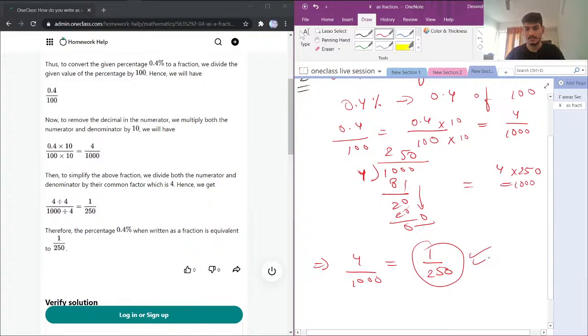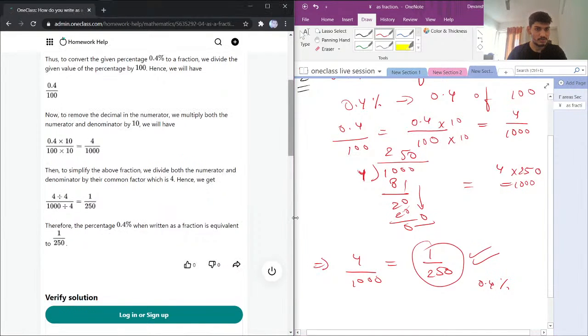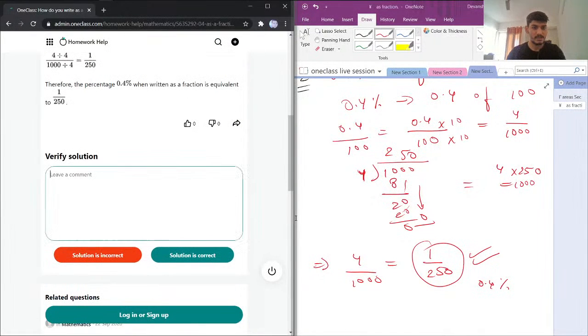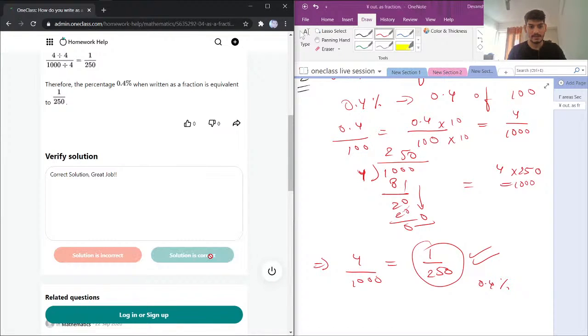So this is the fraction form of 0.4%. Here also the solution given is correct. Correct solution. Great job. Solution is correct.